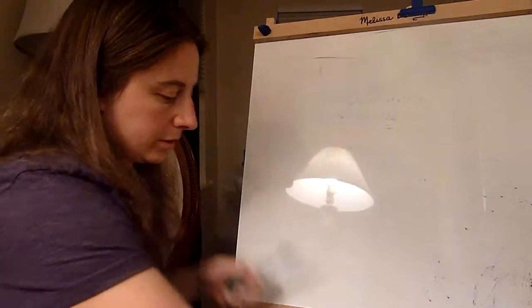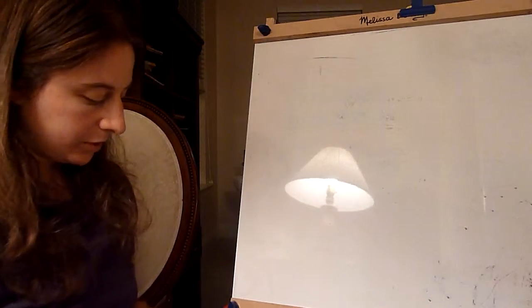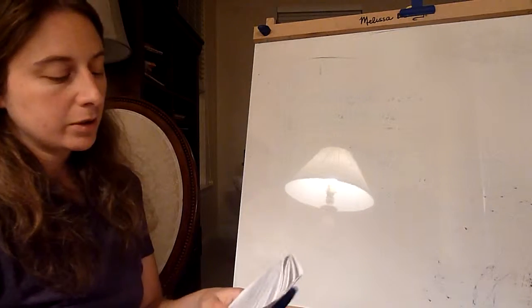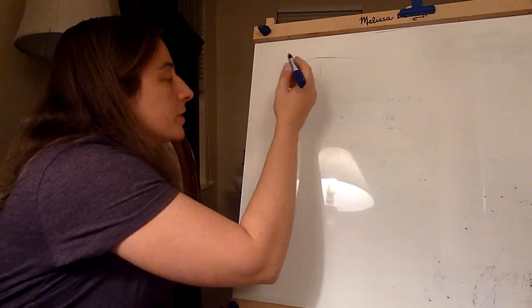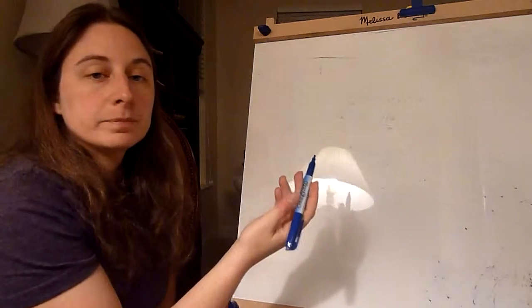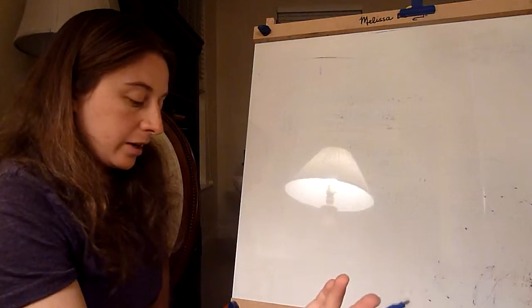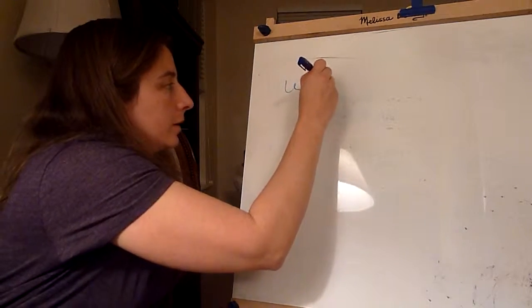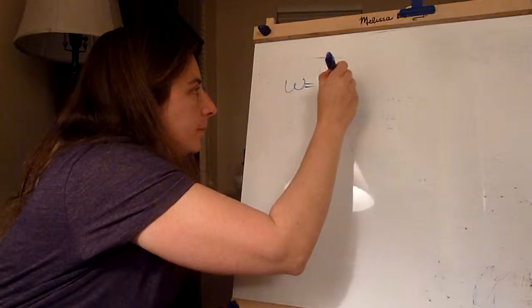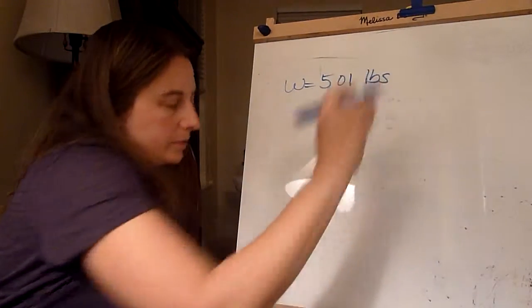Alright, new color. Let's see, number 2. A 501 pound rock. So is pound a force or a weight or a mass? Well, pounds are actually a weight. Is it 501 pounds?